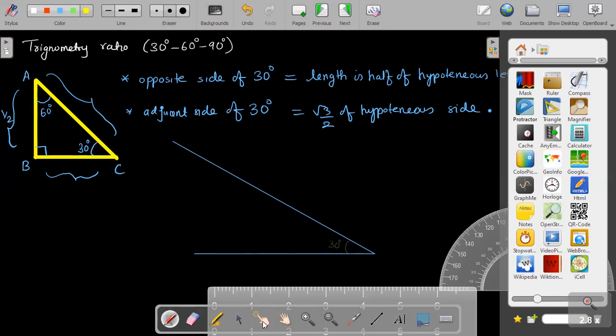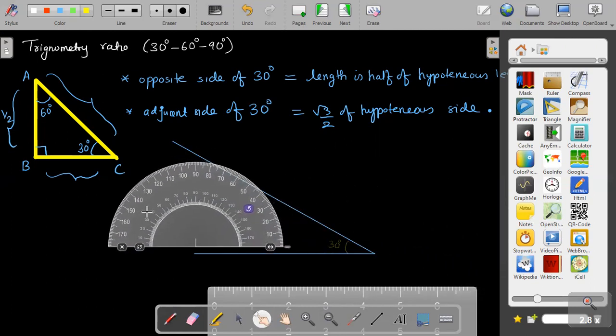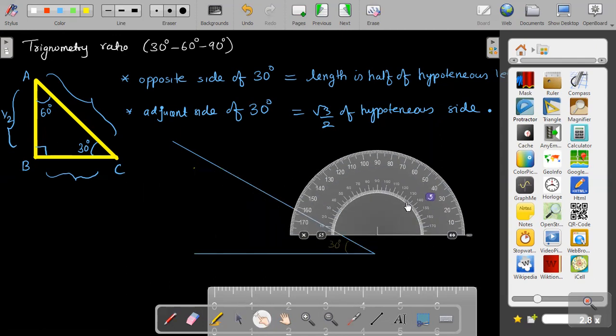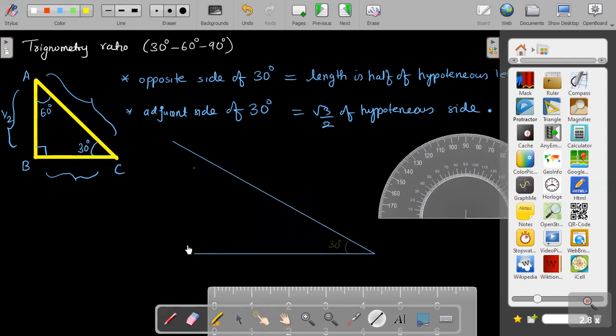And now we are going to use again this protractor and try to draw 90 degree by keeping it here. Okay, so let us mark 90 degree line is here, and we already have a point here. So now let us draw a line. Okay, done.